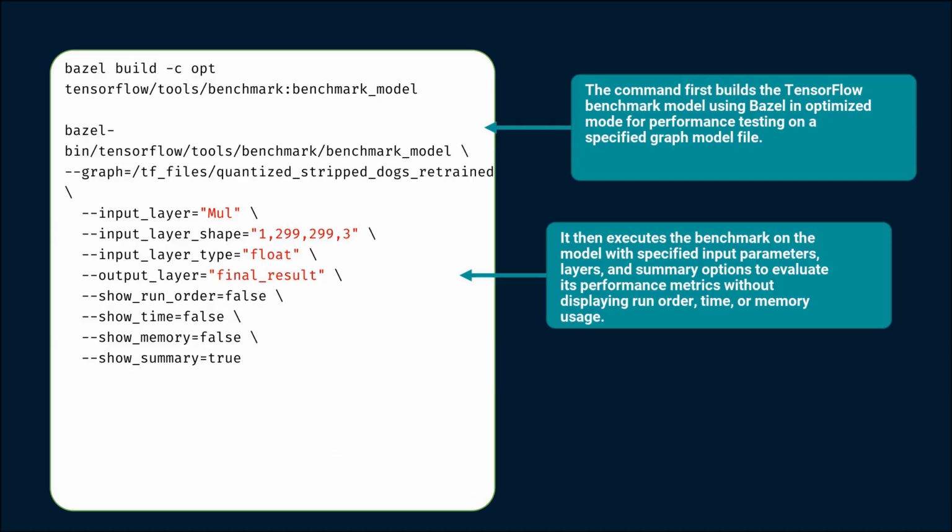Setting the -show summary flag to true allows us to receive a detailed output of the model's performance metrics. This is essential for assessing how many computations the model needs during inference. All of this is critical when making informed decisions about model deployment, especially when comparing models like Mobilenet and Inception v3. It really reveals the trade-offs between speed and accuracy in real-time applications.